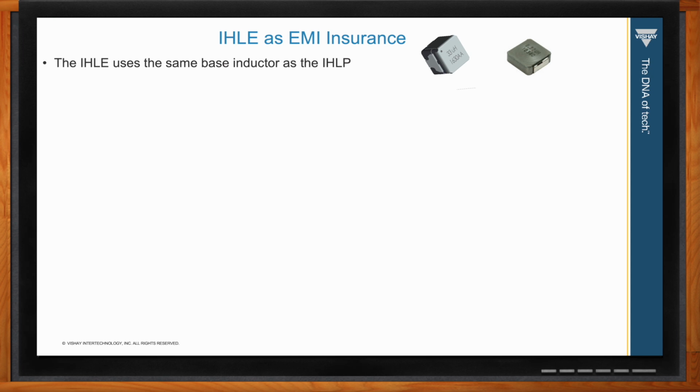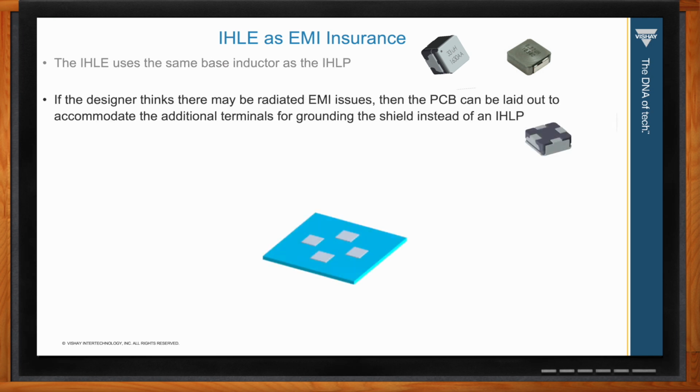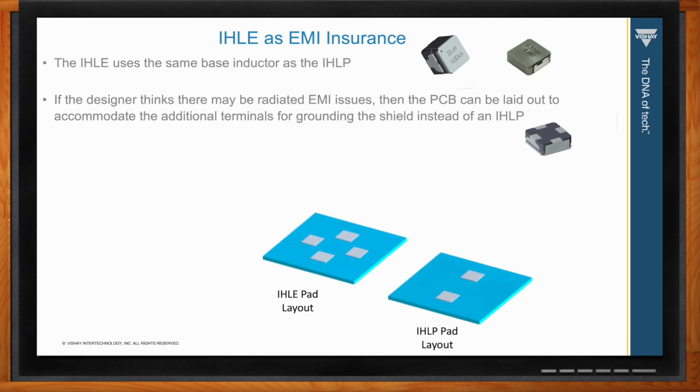And as I said earlier, the IHLE uses the same base inductor as the IHLP. So if the designer thinks there might be radiated EMI problems, then the PC board can be laid out to accommodate the additional terminals for grounding the shield on the IHLE and then add those to the footprint of the IHLP. So you can see down below that we have the standard IHLP layout, and the IHLE just adds the extra 2 terminals.